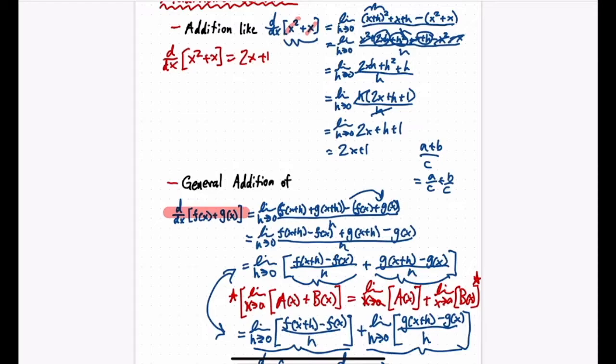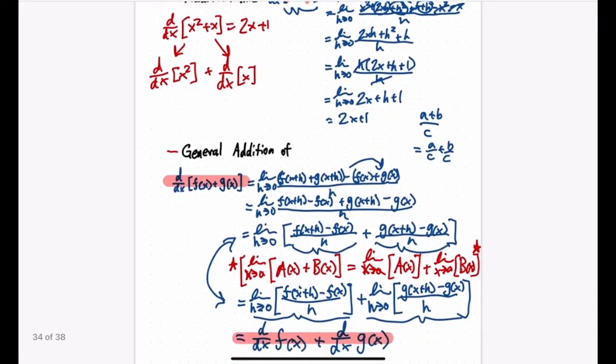But if we break this up, and we say d over dx of x squared and d over dx of x, and the addition of those two, which is what this law is saying, we can split up and find the derivatives of both of those.